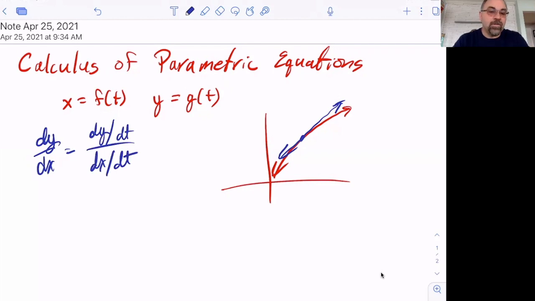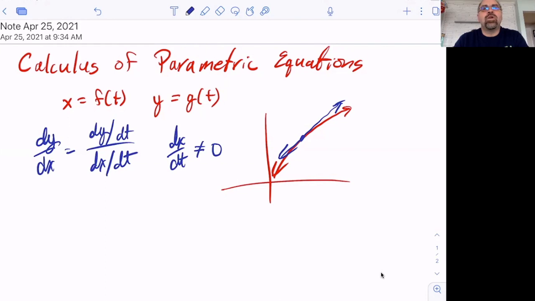That's a really nice way to think about a derivative when you're given parametric equations. Of course, dx dt shouldn't be zero, because then we're dividing by zero. If it is zero, we already know that you get an undefined slope. So this is how we take a derivative when we're given our equation parametrically.